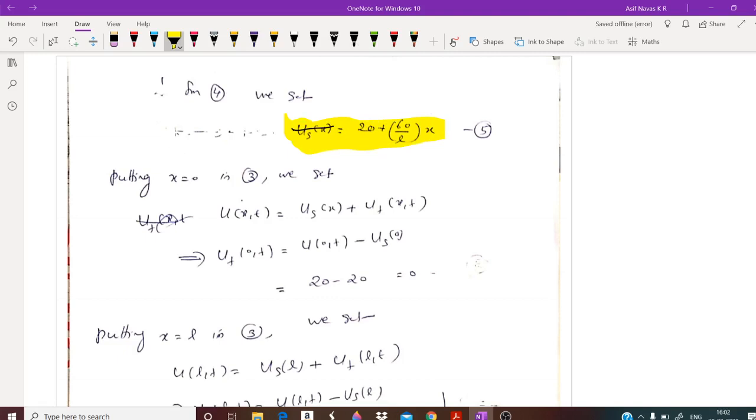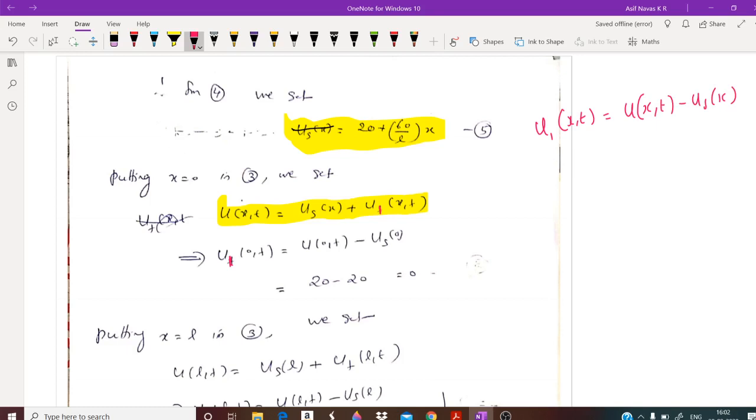Now our solution is always u of x,t is equal to u_s of x plus u_1 of x,t. Now we want to find out this u_1, and I am calling this u_1 of x,t equal to u of x,t minus u_s of x.